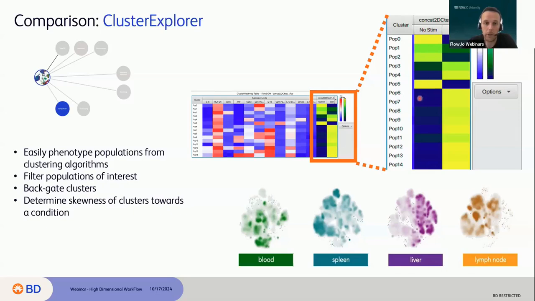The other way around, populations 6 to 14 are created mostly from cells coming from my STEAM sample, and almost none from my no STEAM sample. If it's green, that usually means close to 50-50, so cells coming from both conditions. So no change, or really little change, between each condition.